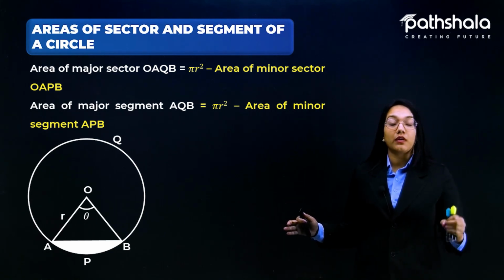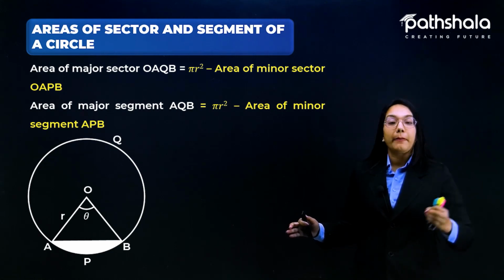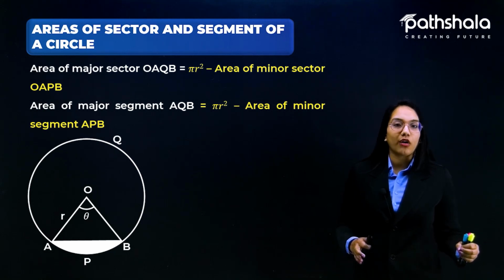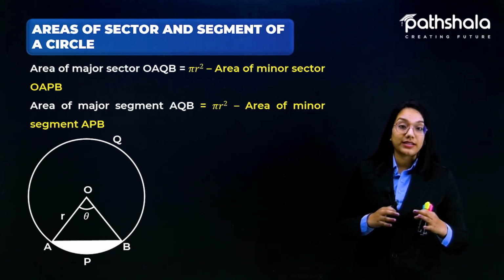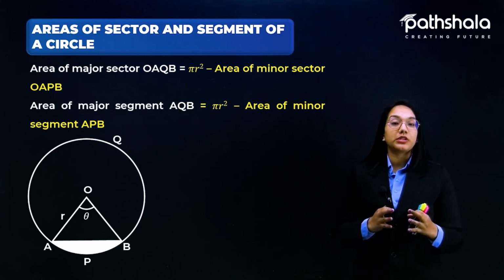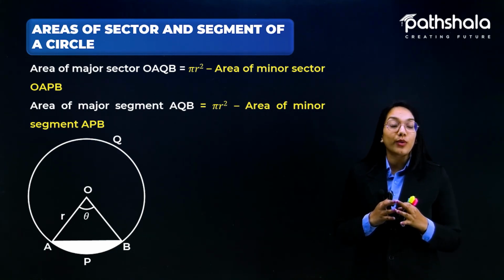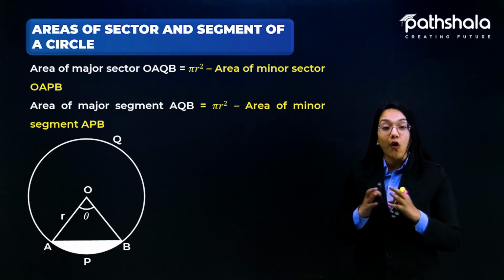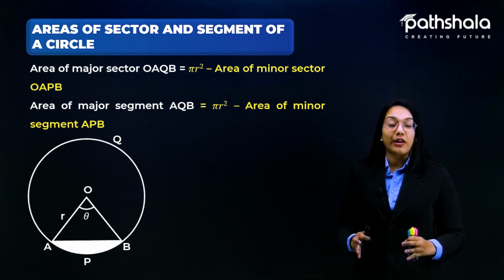This is all about the formulas related to the area of the sector and the segment of a circle. Now let's use all these formulas to solve the related problems.